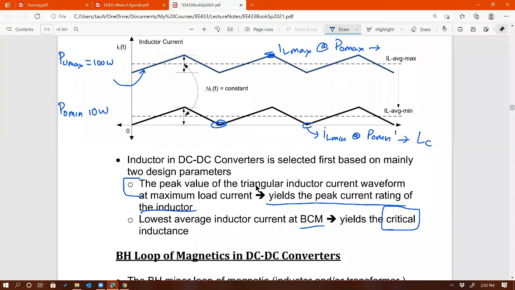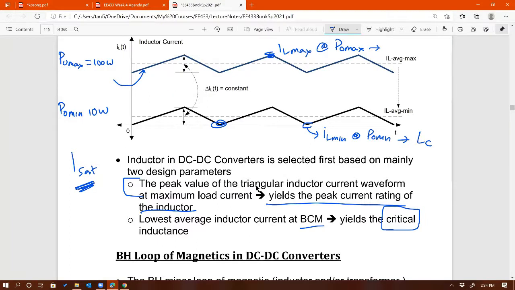What's number two? Number two is something that unfortunately not many EEs know about: when you buy an inductor, you also need to know the peak current of that inductor, the saturation current of this inductor, I sat. That's going to be given in the manufacturer's data sheet, right?